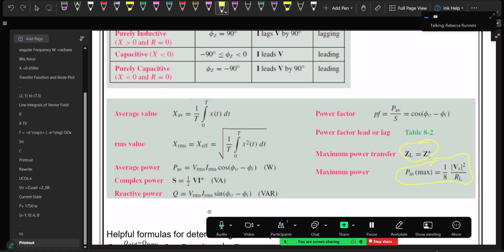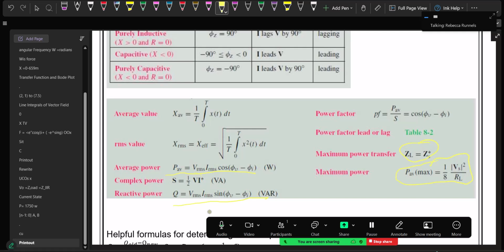Here is the one that I like to use: the complex power is the complex voltage times the conjugate of the complex current. I have found that most students prefer to use these other formulas, just not what I prefer to use.